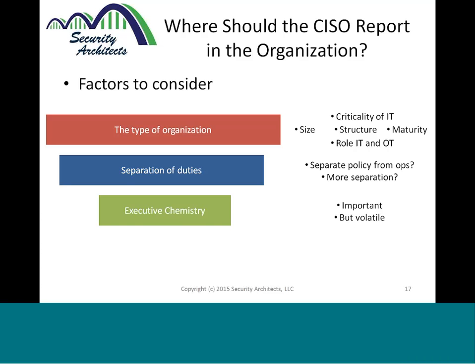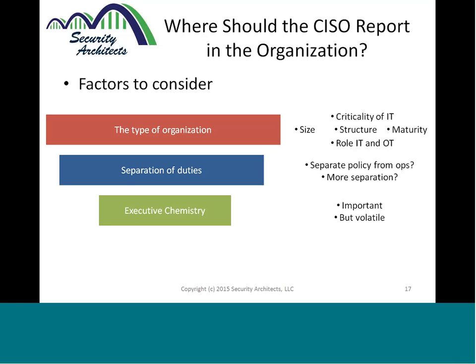So you have to look first, in deciding where the CISO should report in an organization, at how critical the IT function is to that organization. Because if the organization runs on IT, maybe like a financial institution, for example, many of them, or a technology company, that might be an argument for moving the CISO box on the org chart up a bit higher than the CIO.